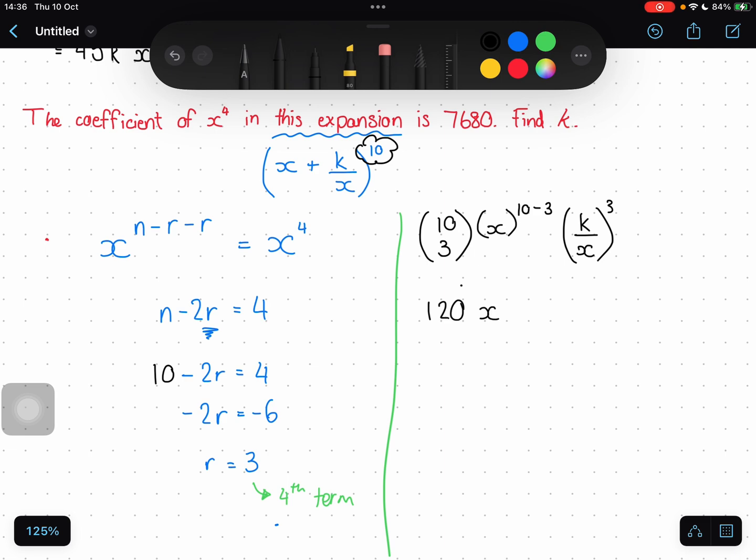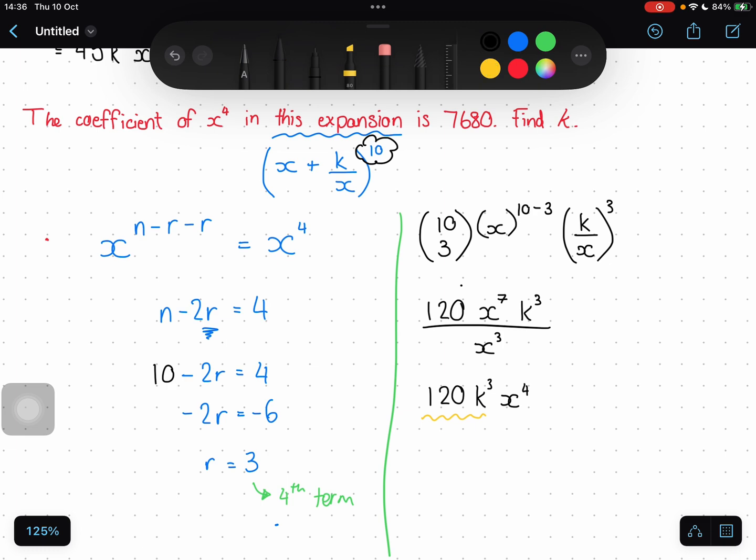Then I have x to the power of 7, k to the power of 3, all over x to the power of 3. When I simplify that, I get 120 k cubed x to the power of 4. So the coefficient on the x to the power of 4 is 120 k cubed.